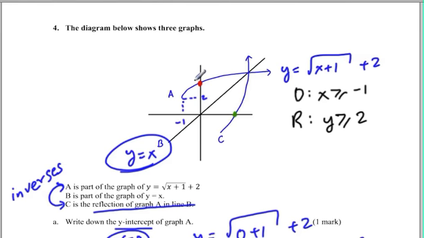So if this coordinate, let's do that in red, this coordinate is 0, 3. So immediately, what is this green coordinate here? Well, if it's the inverse, the x and y flip. So this must be 3, 0.